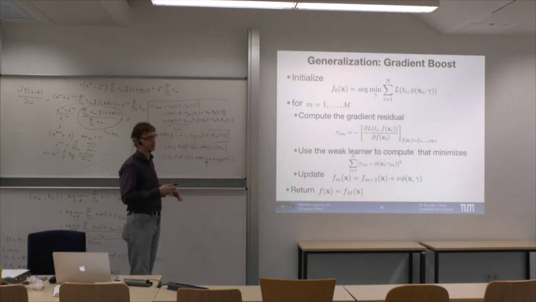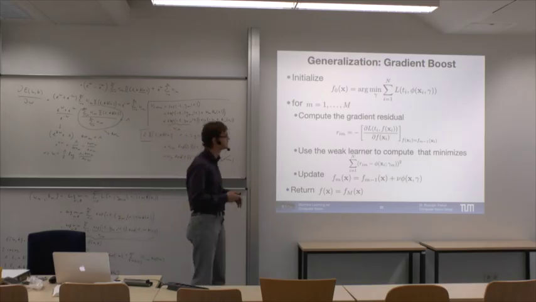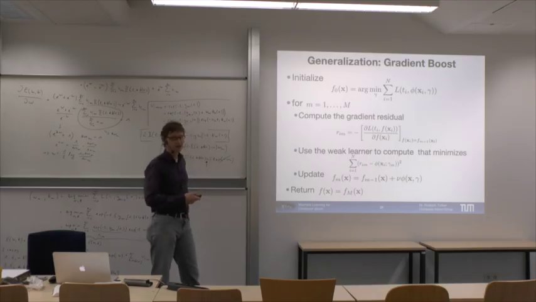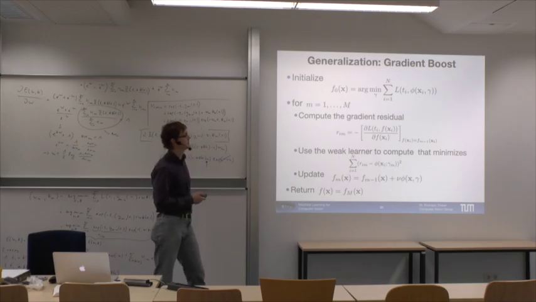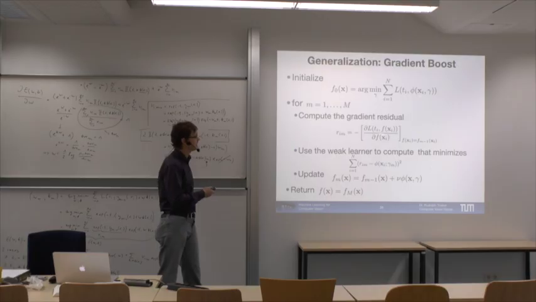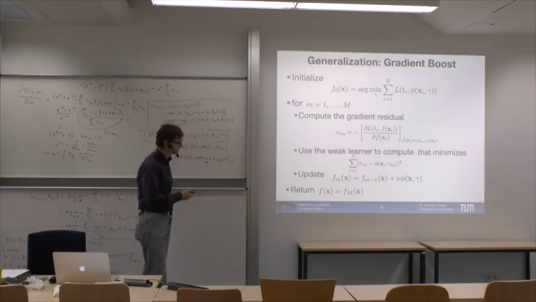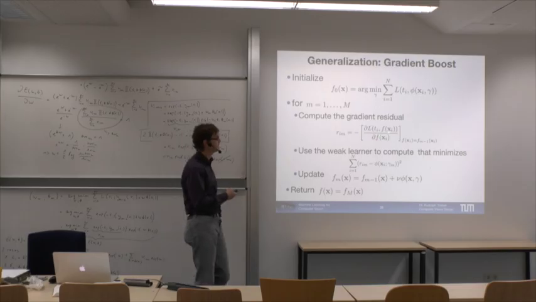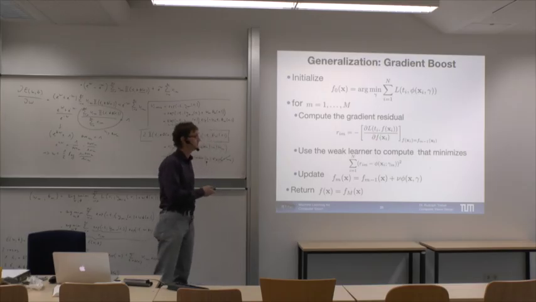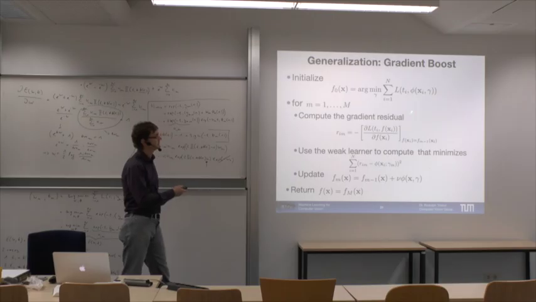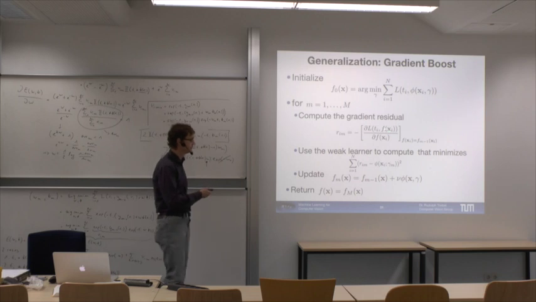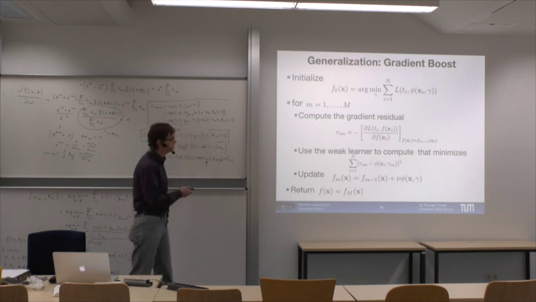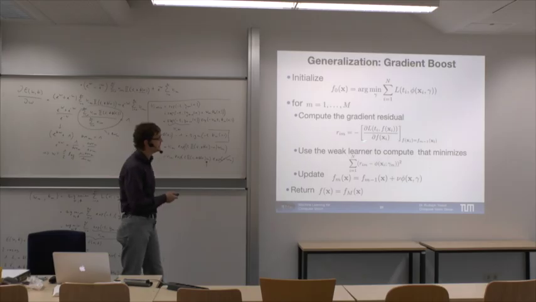You can do this in general. You say, I have a general loss function, and I can minimize it by taking the partial derivative with respect to my function f. This loss function is, of course, a function of my true labels and of my prediction f. And if there's a way of deriving that with respect to f, then I have this gradient.